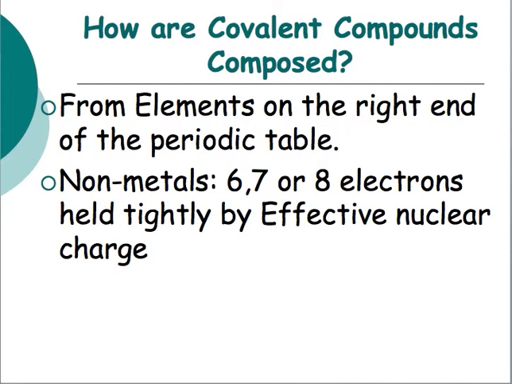And how do we get that? We get that from elements that are on the right end of the periodic table. So we have two or more atoms on the right side and they decide they want to hang out together. The nonmetals with 6, 7, or 8 electrons are held very tightly by that effective nuclear charge, so they don't want to give up electrons to another atom that is close by.